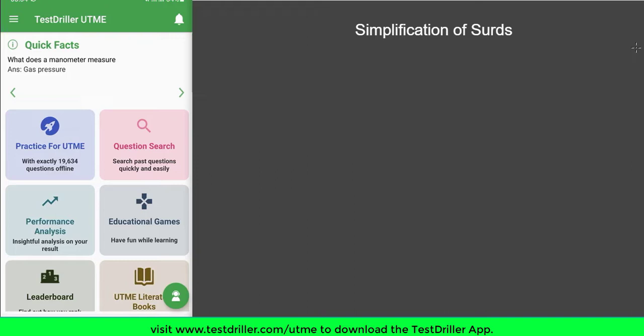You're asked to apply all the rules that you can apply to make it more compact or to rationalize the denominator. These are the two possible cases whenever you are asked to simplify a surd.